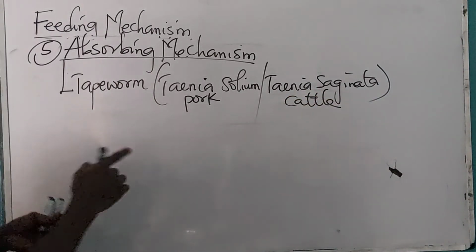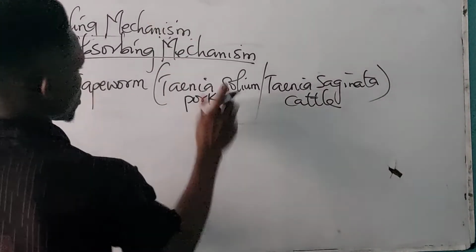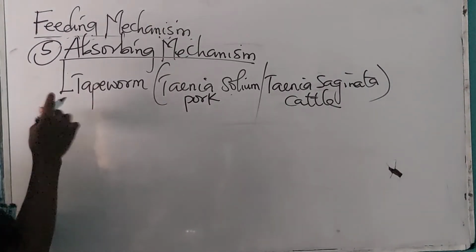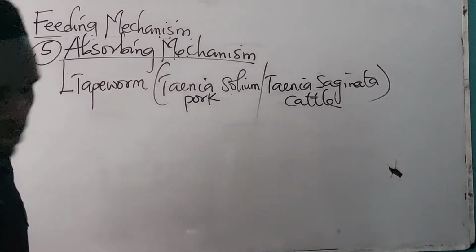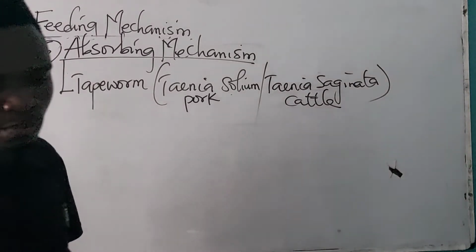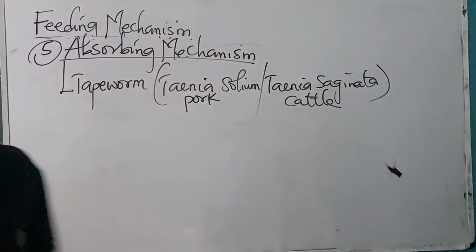Now the primary host of Taenia solium is man. The secondary host is what? Pork. All right. Now tapeworm exhibits an absorbing mechanism. That is, tapeworm is not capable of digesting its food.